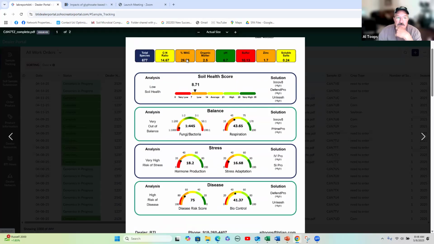Okay, good. And when you build this microbial active carbon number up, that carbon nitrogen ratio will go down a little bit. It'll get down to around 10, 11, 12. So I built the ranges to where it gives you a little bit of room. It's not bad, Norm. I'm not concerned about it by any means.